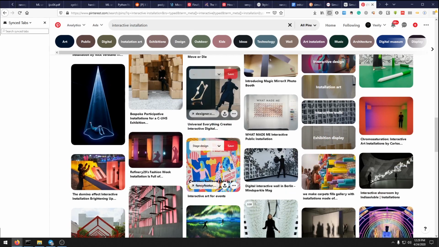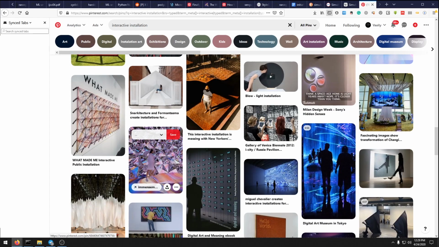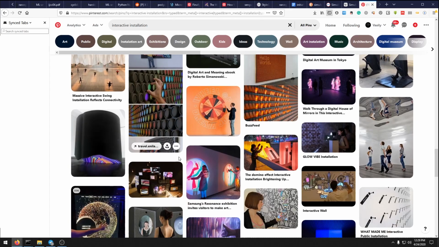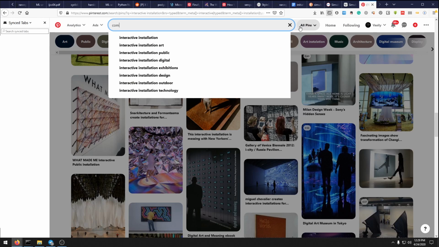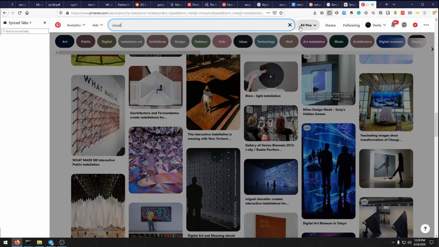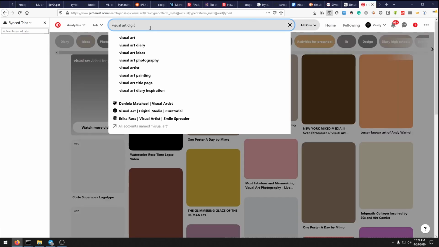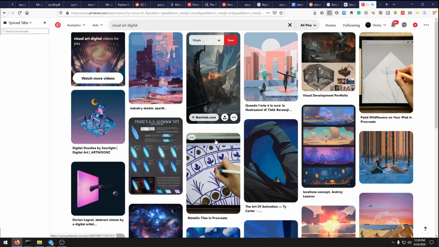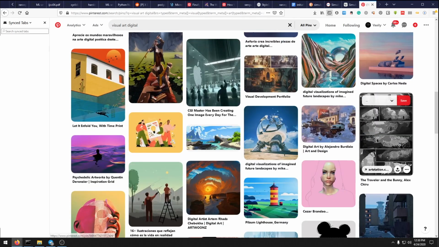All of the things we're doing are simulation at some point, or most of computer graphics, most of digital visual art, is about simulation or representation.